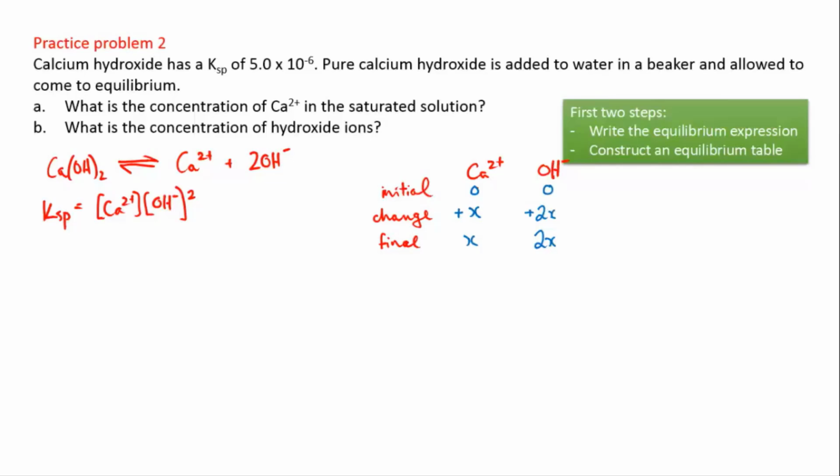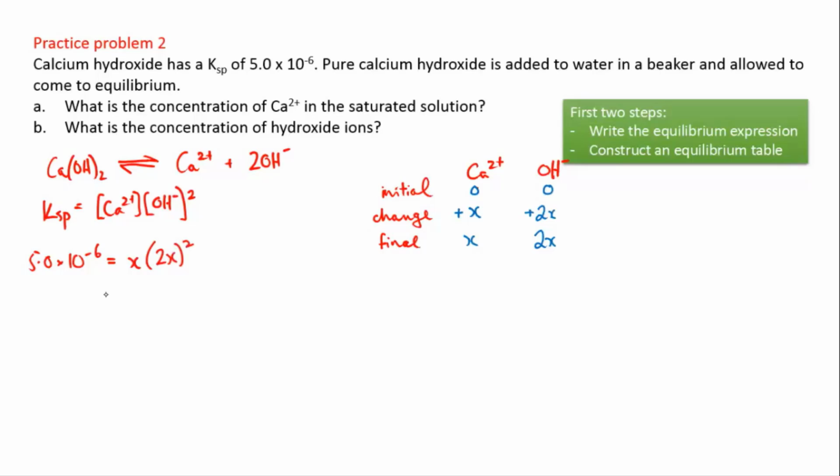Okay, we can now substitute into our KSP expression. So we know that the KSP is 5 times 10 to the minus 6. We know that the concentration of calcium ions is X. And we know that the concentration of hydroxide ions is 2X, so it's going to be (2X) squared.